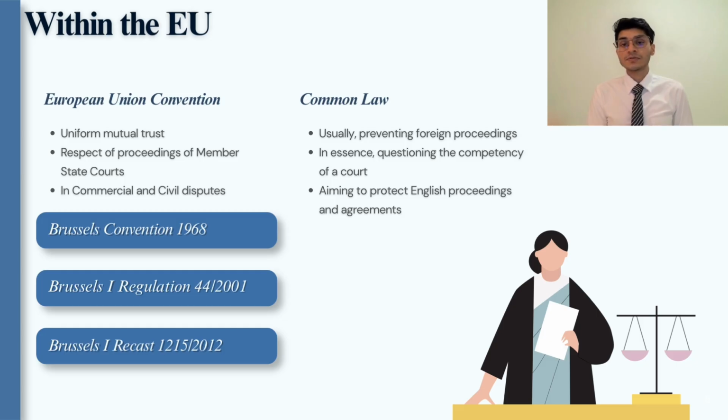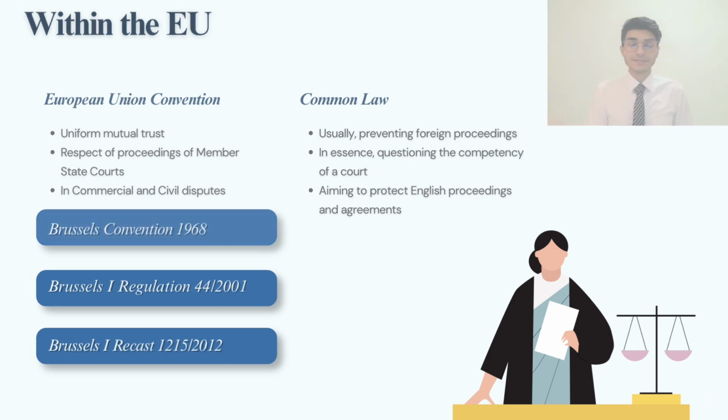The cornerstone of this regulation is to create a uniform system of jurisdiction and recognition of judgments in civil and commercial matters to encourage trust in the proceedings of a member state court, as highlighted by Andrew Dickinson.